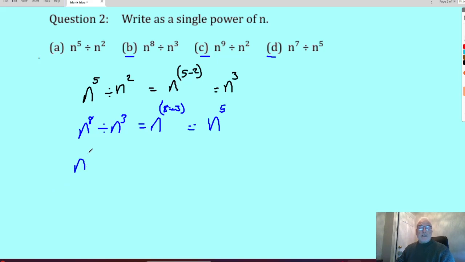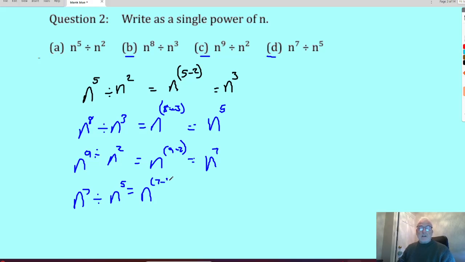Question C, n to the power of 9 divided by n to the power of 2 gives me n to the 9 take away 2, which is going to give me n to the power of 7. And the final one, n to the power of 7 divided by n to the power of 5 gives me n to the 7 take away 5, which gives me n to the power of 2, or n squared.